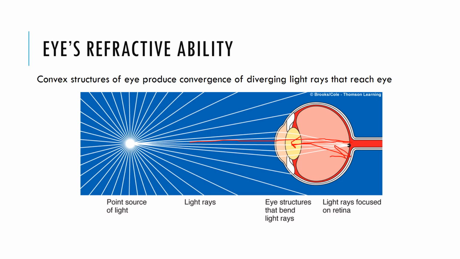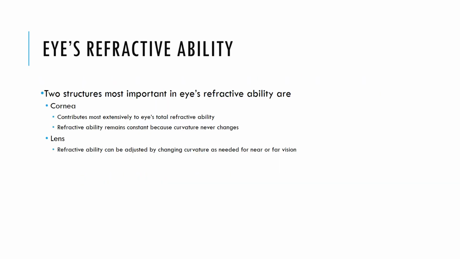pigmented choroid layer. So the two structures that are involved in the eye's ability to have refractive properties include the cornea and the lens. So the cornea is responsible for contributing to total refractive ability, and it remains constant because the curvature never changes.